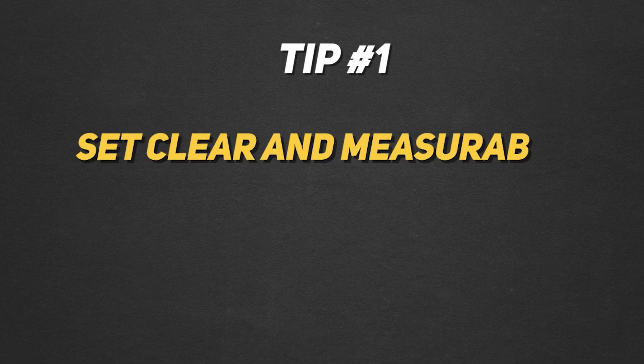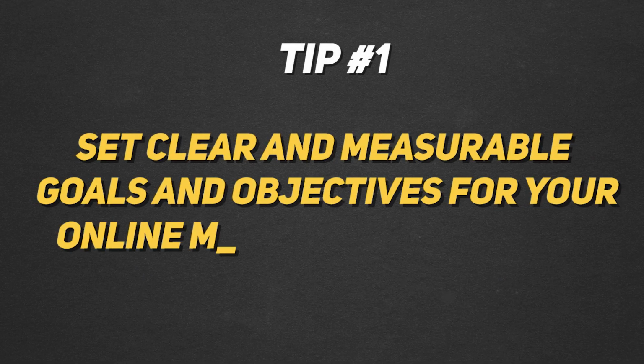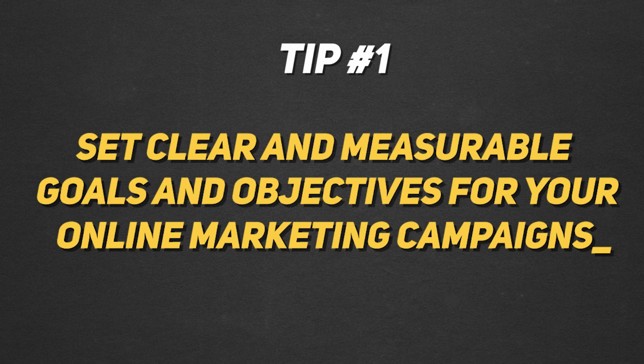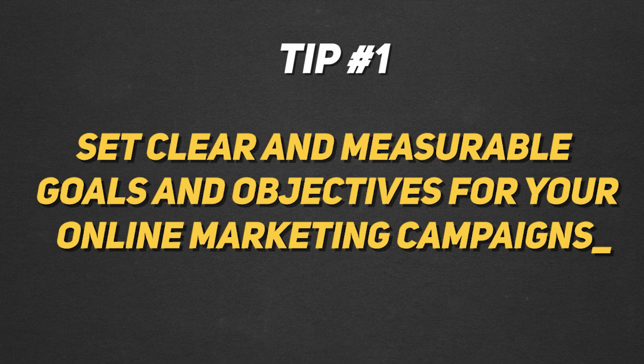Tip number 1, set clear and measurable goals and objectives for your online marketing campaigns. To start, you need to identify your goals and objectives. Without these, you are basically just running around in circles with no destination in mind. Without defining the important metrics, how would you know if your strategy is working or not?